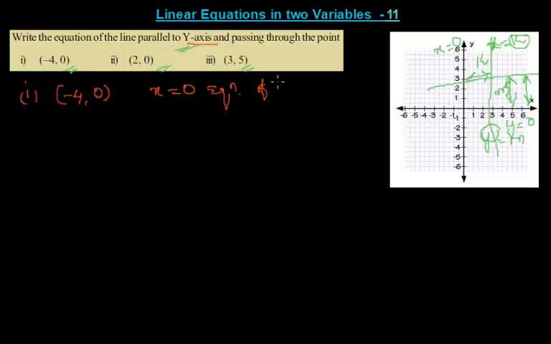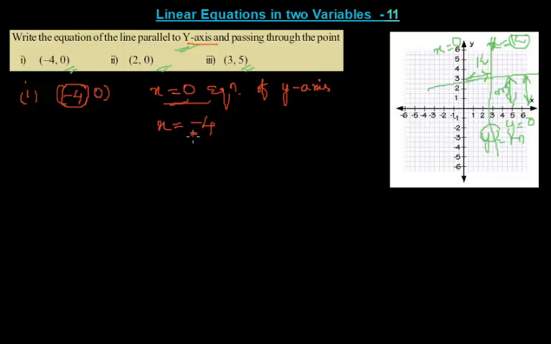So, any line parallel to this line will be at an equal distance from x is equal to 0. So, we have to see the x coordinate of the given point. So, x is equal to minus 4.